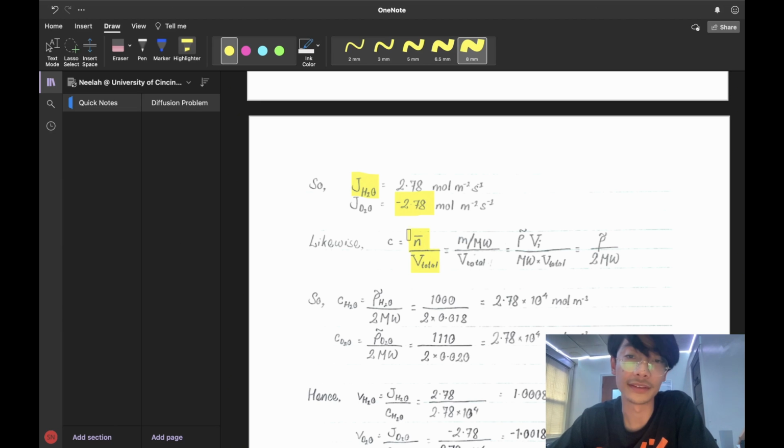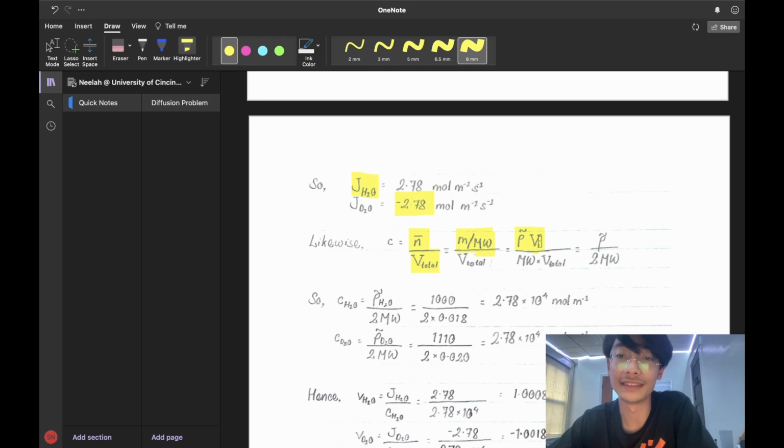However, we know that the number of moles is actually equal to the mass divided by the molecular weight. We know the molecular weight of both water and D2O, but we still don't know the exact mass of those components. However, we already know that the mass of a substance is always equal to its density times the volume it is occupying in isolation, which is the initial volume of the substance.